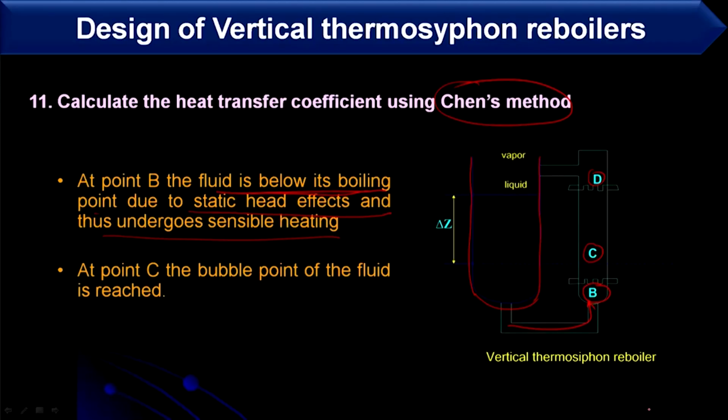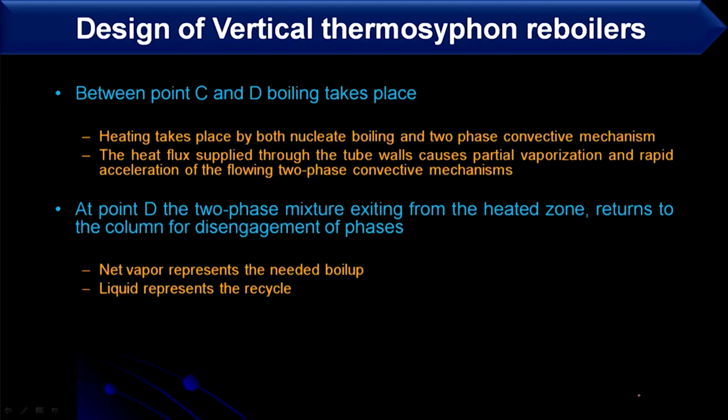Further, at point C, the fluid will reach its boiling point, and after that vapor formation will start. If I consider the flow pattern between C and D, boiling will take place. Heating takes place by both nucleate boiling and two-phase convective mechanism.